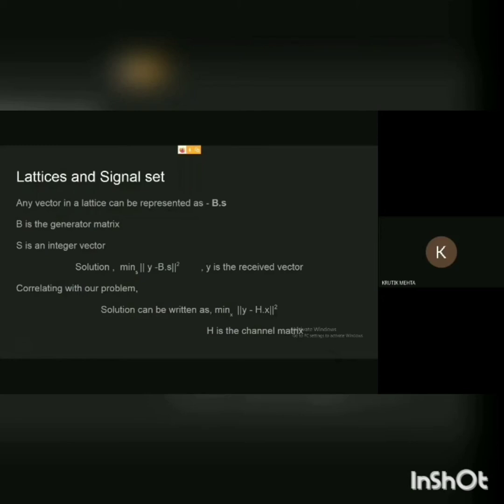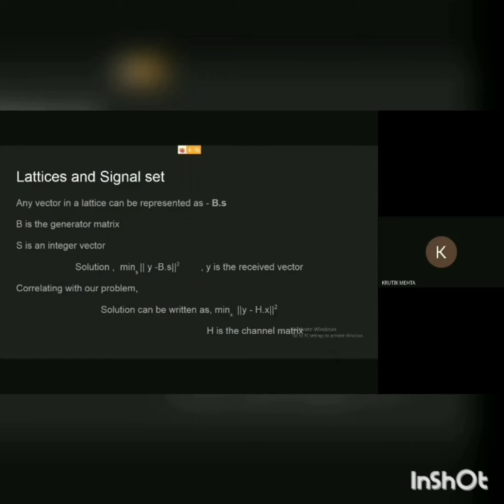Any vector in the lattice is represented as B·s, where B is the generator matrix having the basis vectors of the lattice as its columns, and s is an integer vector. The distance between a received vector y and any lattice point is given by the norm of y minus B·s. To find the s vector which has the minimum distance from the received vector, we minimize it over all possible values of s.